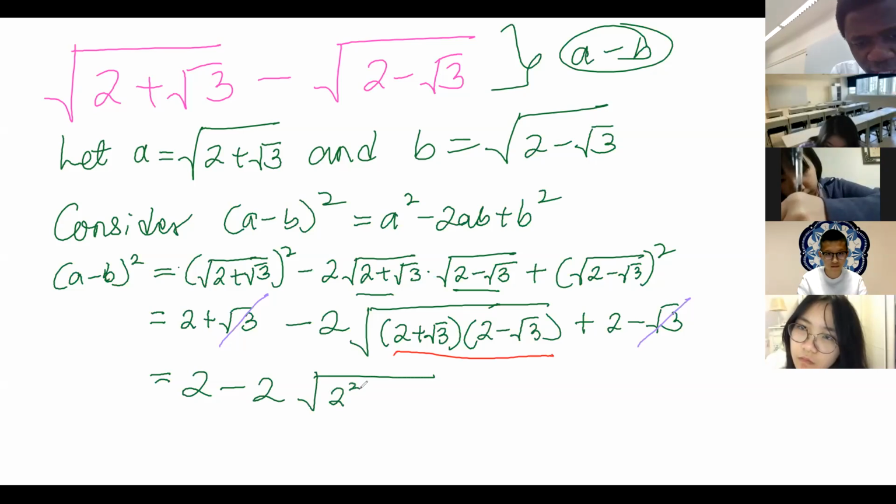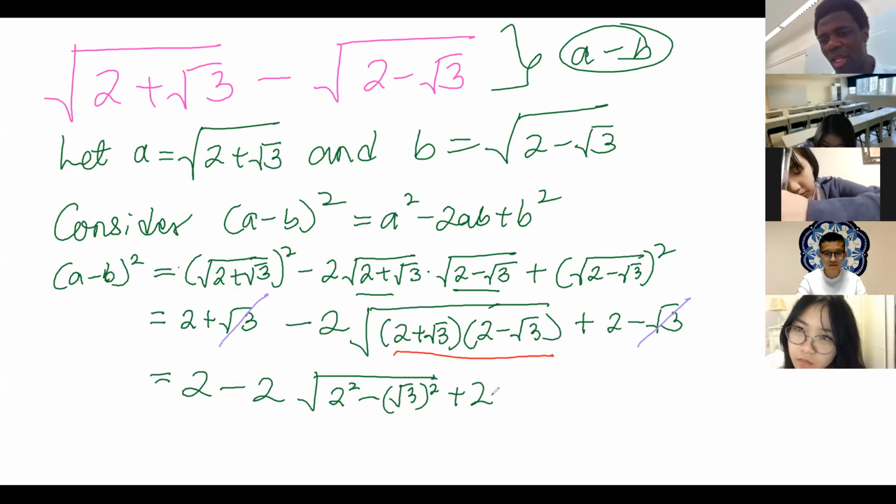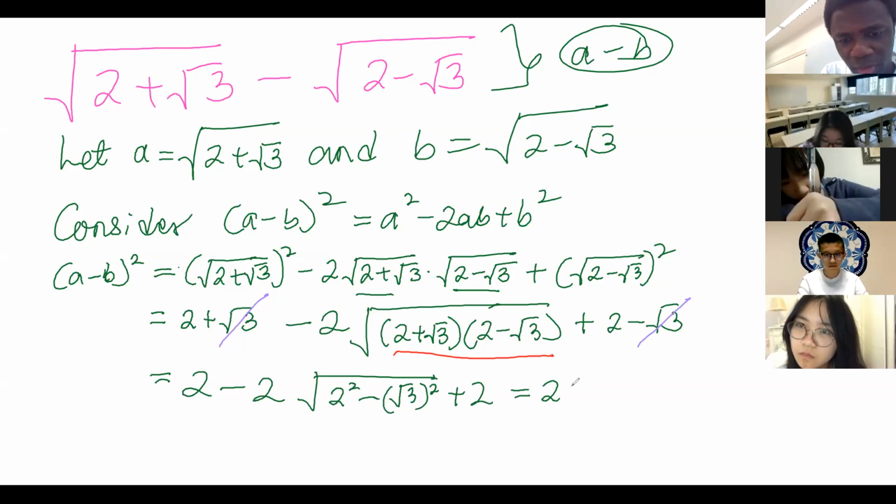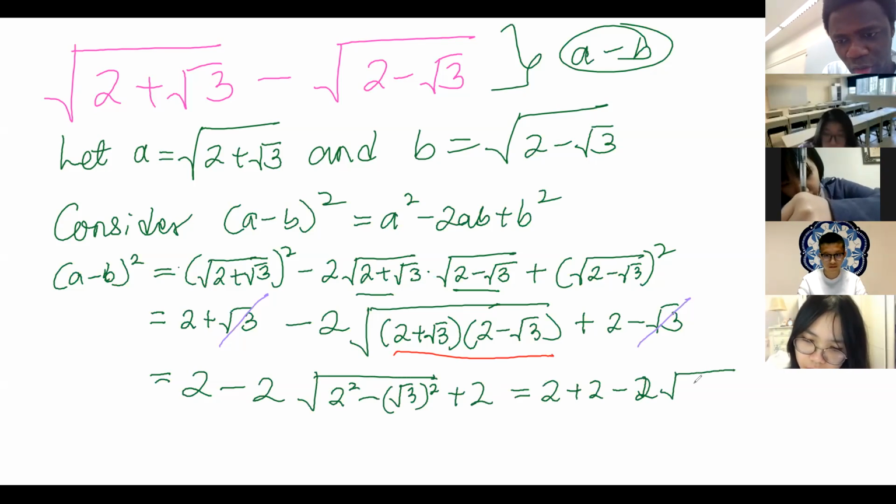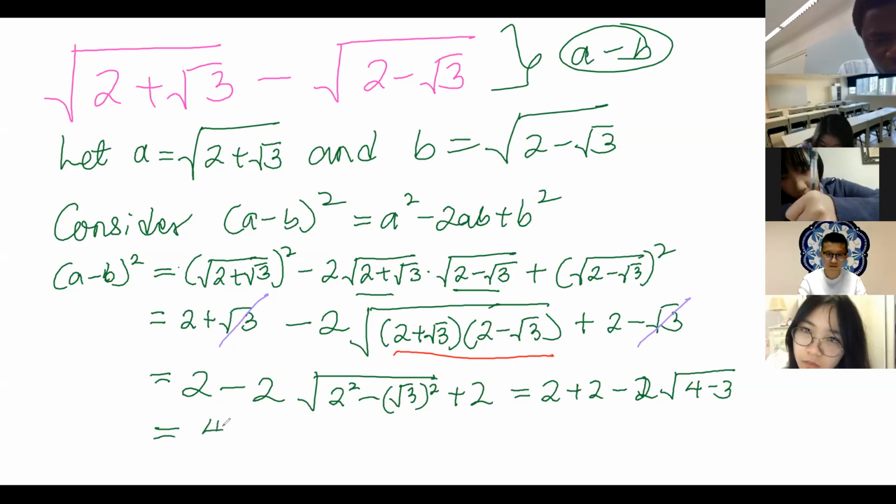So that's 2 squared minus root 3 squared under the square root, and you have your plus 2. Am I making sense? So that is 2 plus 2 minus 2 roots of 4 minus 3.